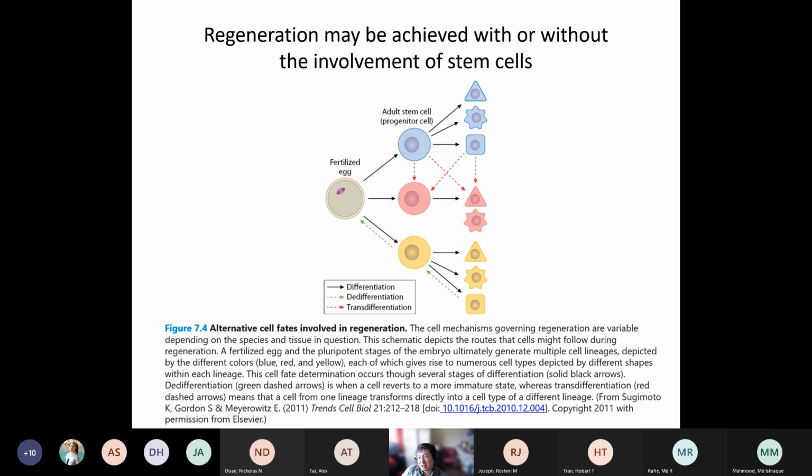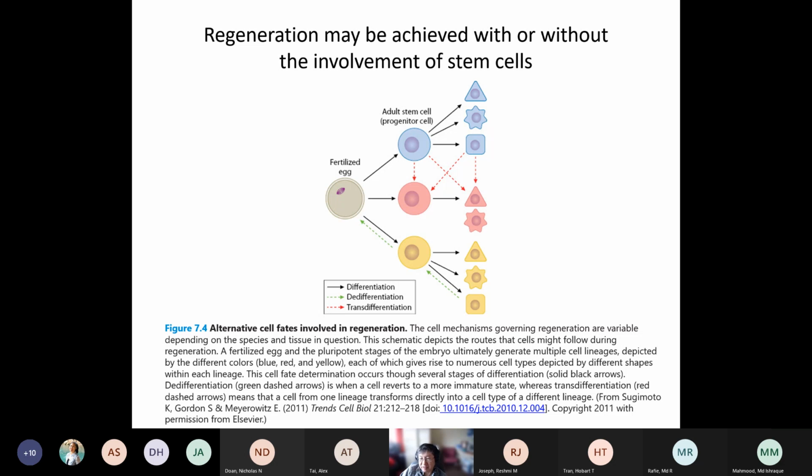Imagine that type of situation. You just don't have enough somatic stem cells that can be used to regenerate this damage. Maybe the extent of this damage is very big, or it involves cell types that the adult stem cells cannot easily differentiate into. So sometimes what can happen is a transdifferentiation.